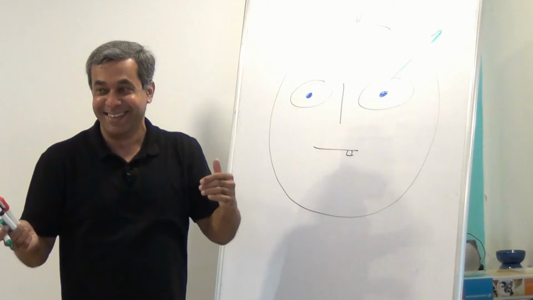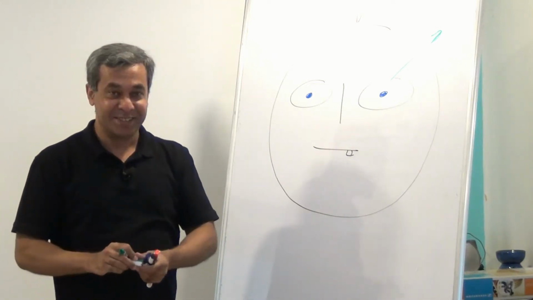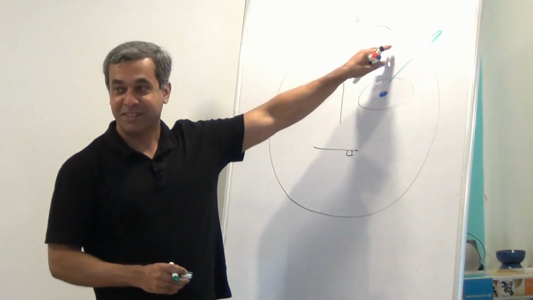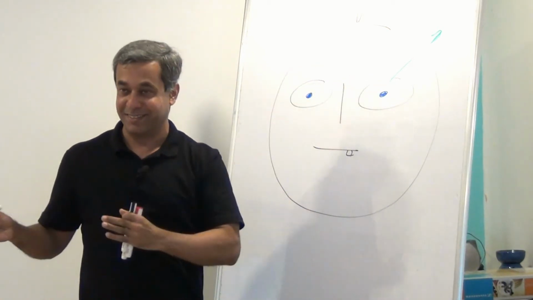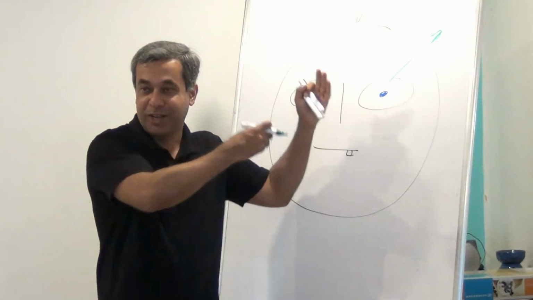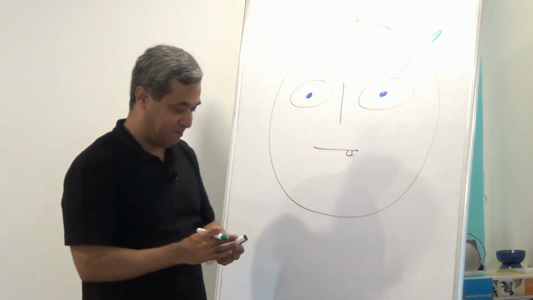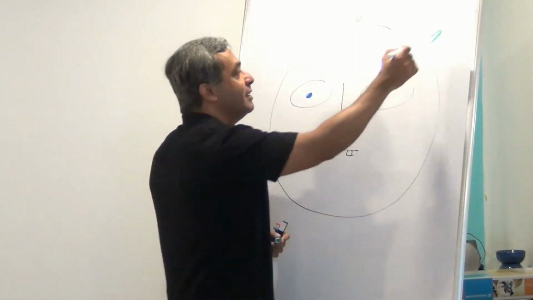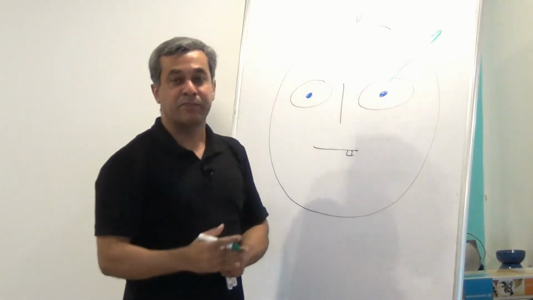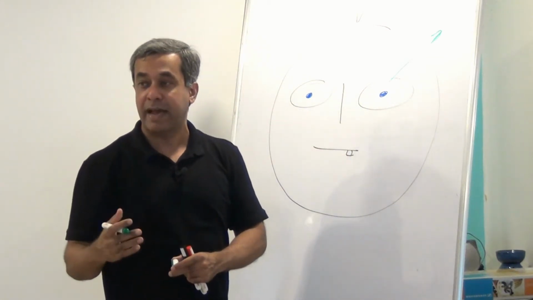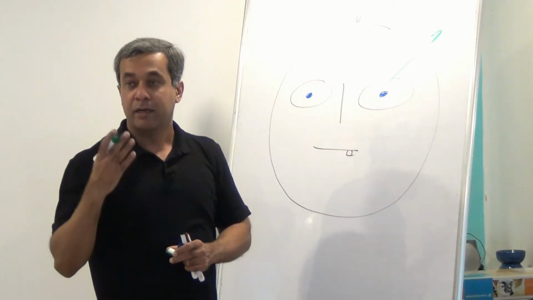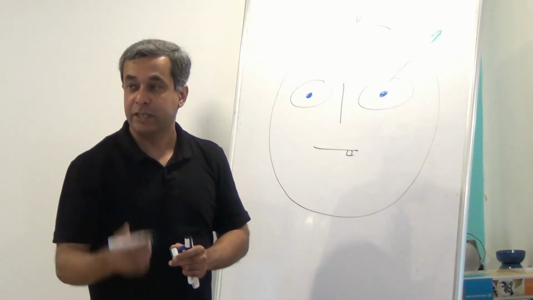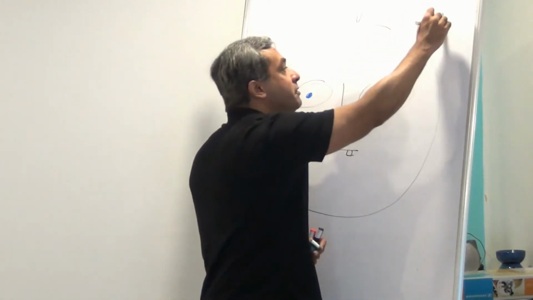So even though the arrow is drawn over here for one eye, the interpretation of my drawing is that both eyes are going there. This indicates that the person is accessing a past visual memory, a past visual recall.